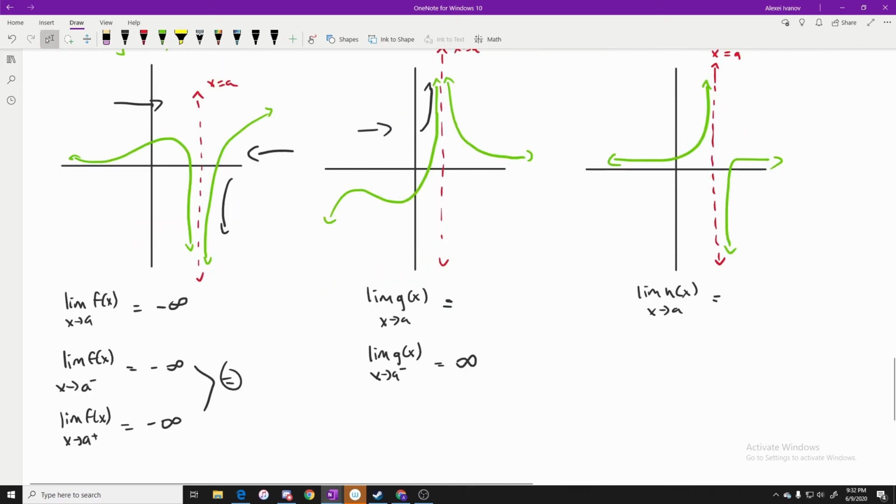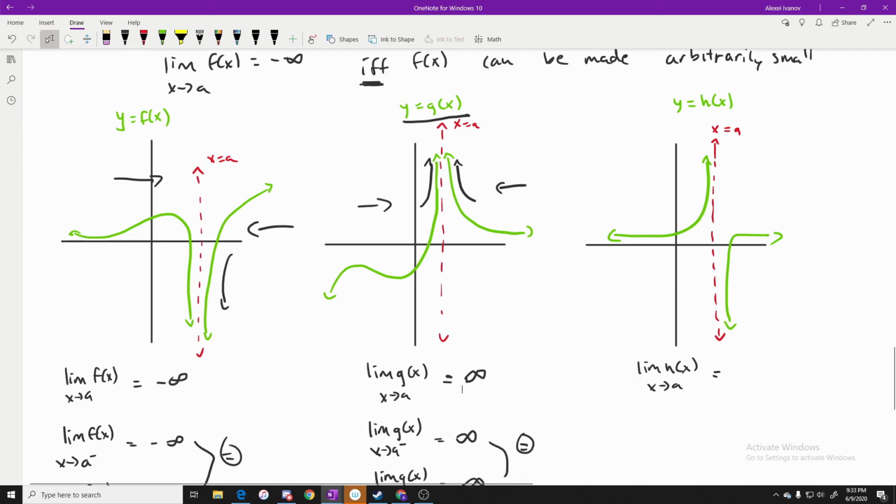Now if we examine the function coming from the right side, we can see that it also goes upwards towards positive infinity. So we can write that the limit of g of x as x approaches a from the right is also positive infinity. And because these two limits are equal to each other, we can conclude that the limit of g of x as x approaches a is indeed positive infinity.